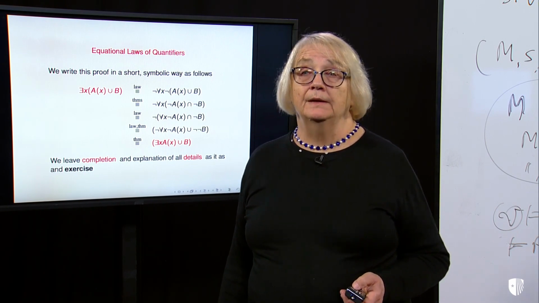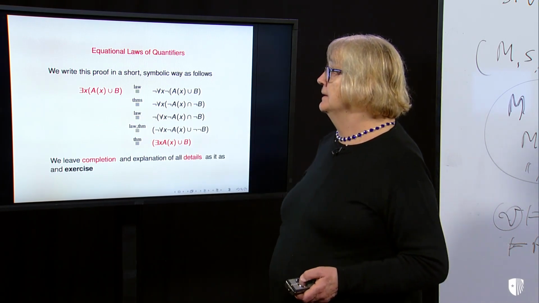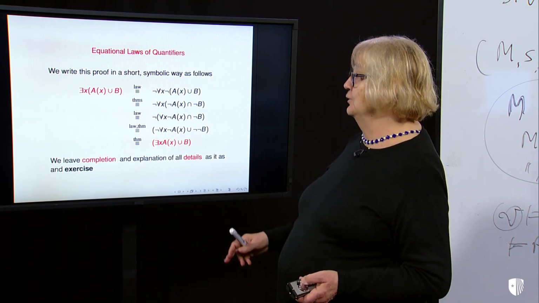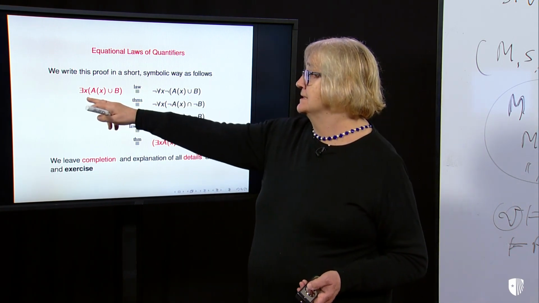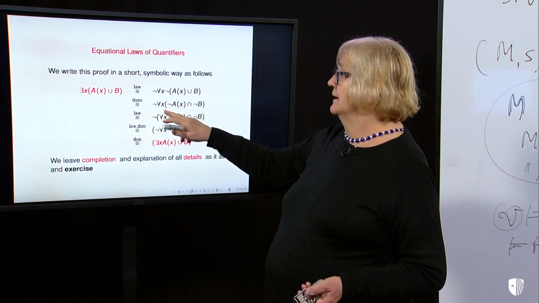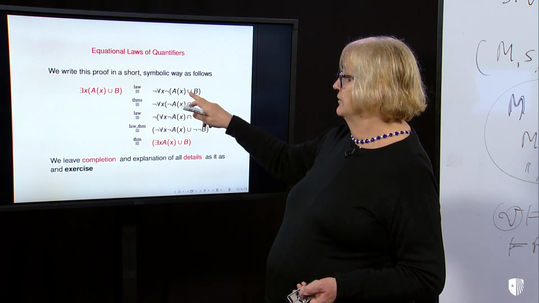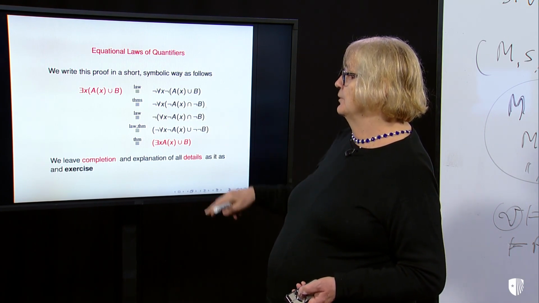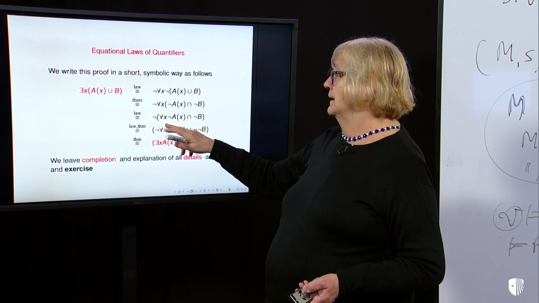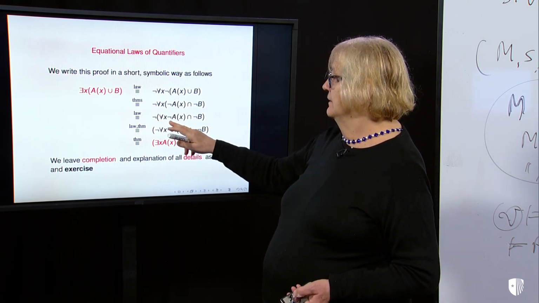Like, for example, I want to prove this law. What I do is replace this by universal, and now I have this. I do De Morgan law. This is OR, so I do the De Morgan law, and now I can distribute.